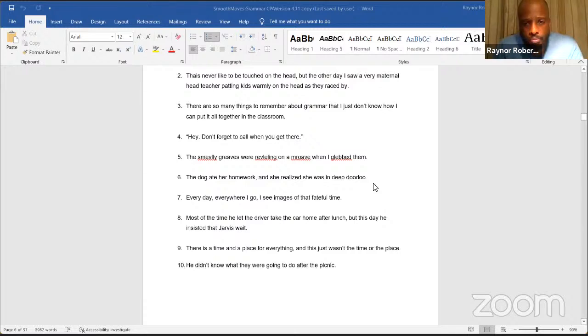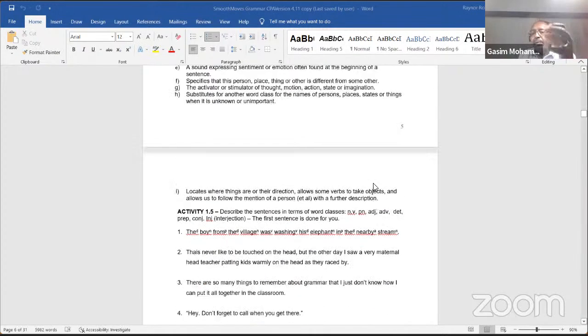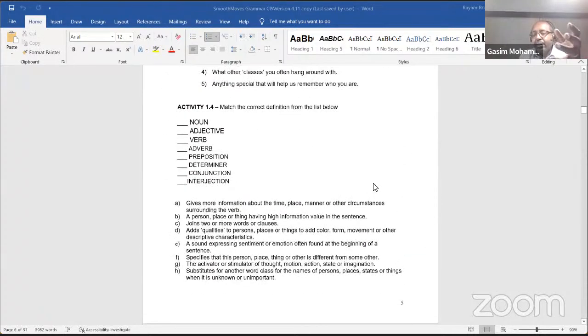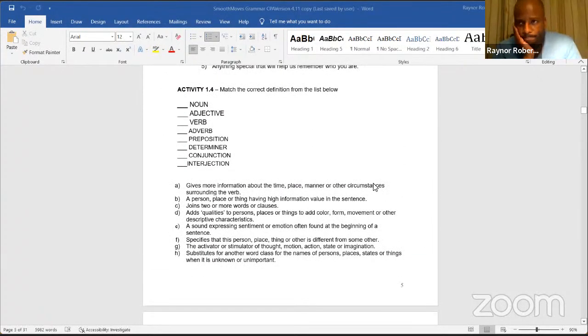Let me just check something. Just the beginning part, where we talked about word form, word function, word order. When you say word form, that means the form the word will take in the sentence. Even the way we pronounce the word may be different according to its location in the sentence, and that will give us the meaning of the word if we get it right.